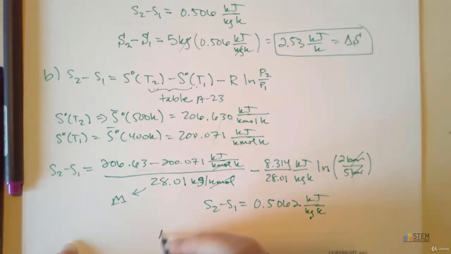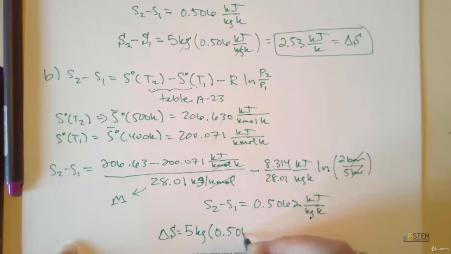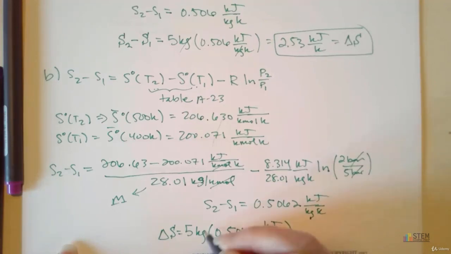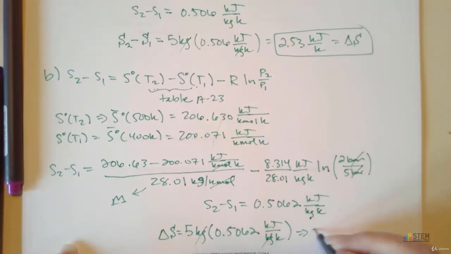That means we need to multiply by mass. So we're going to have 5 kilograms times 0.5062 kilojoule per kilogram Kelvin. That gets rid of kilograms. So we get 2.531 kilojoules per Kelvin.